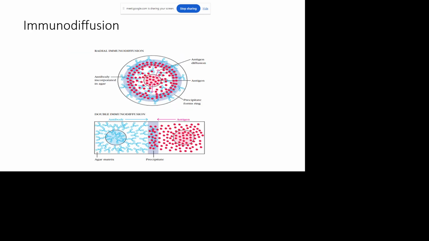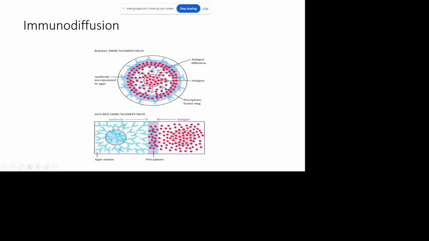So first is immunodiffusion. In immunodiffusion, in an agar plate, most probably a 2% agar plate, antigen is embedded in a well, right here. Now this antigen will be allowed to migrate through the agar, and this plate has a homogeneous concentration of antibody throughout.